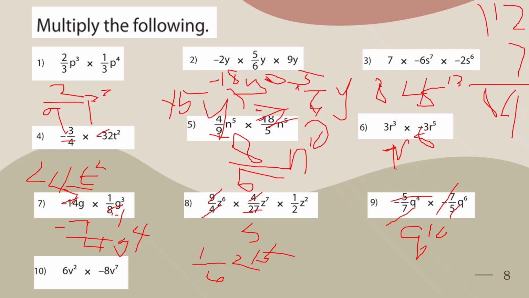So the final answer for number 10 is negative 48 v to the 9. 7 plus 2 is 9. Okay.